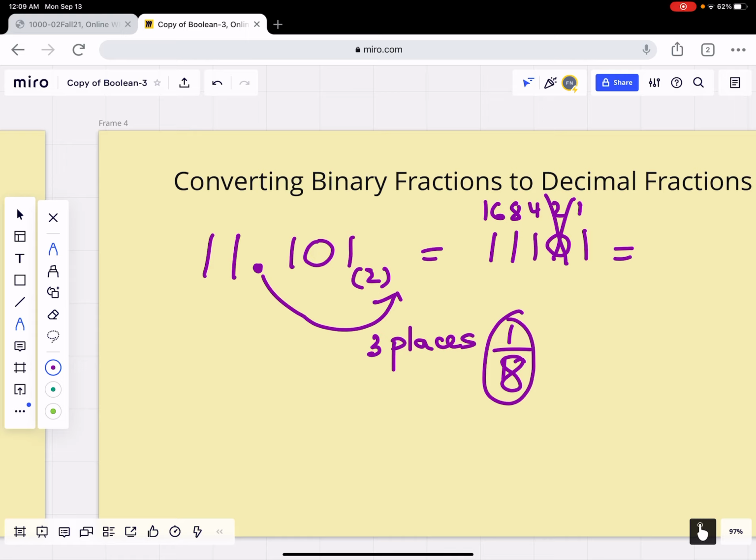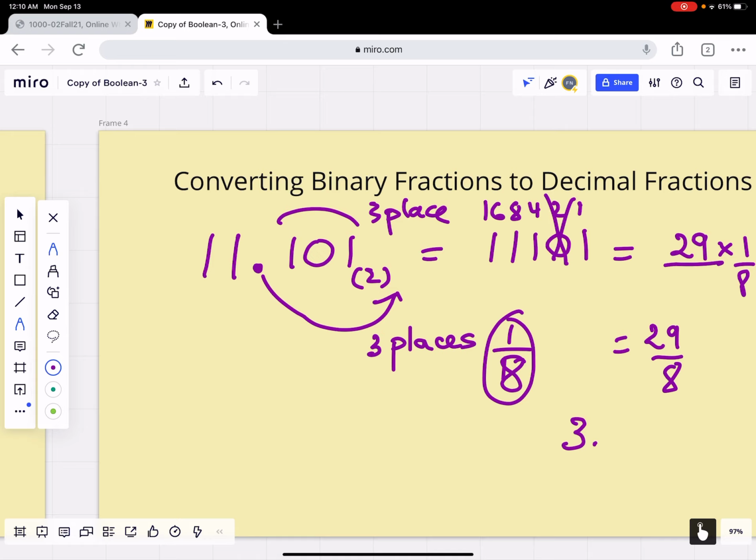So you just say 16 plus 8 equal 24, 24 and 4 equal 28, 28 and 1 is equal 29. So your answer is 29 multiplied by 1/8, because you moved 3 places. So the answer is 29 divided by 8. And if you use a calculator, 29 divided by 8 equals 3.625.